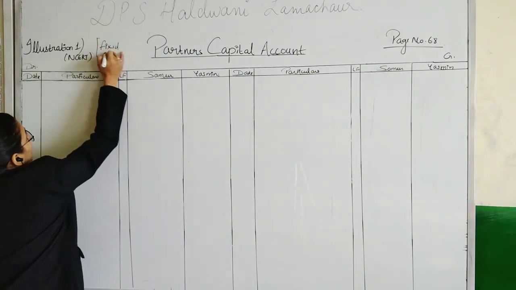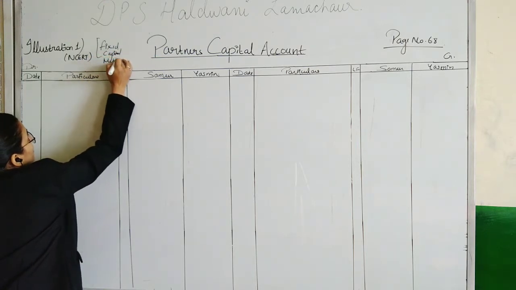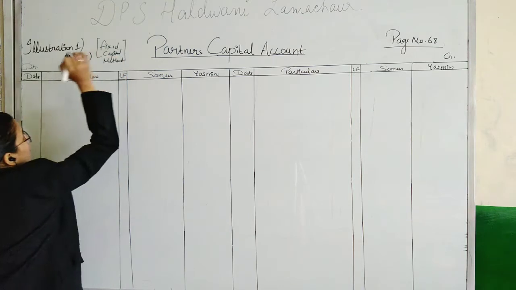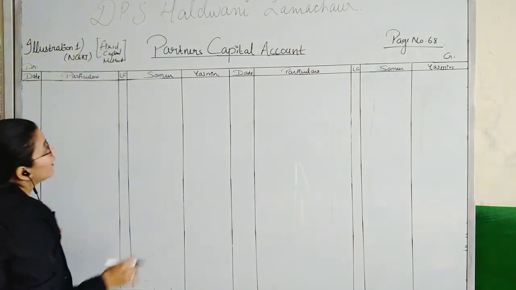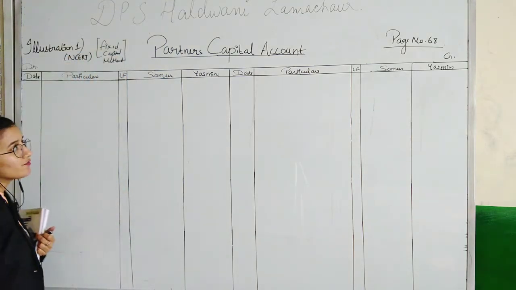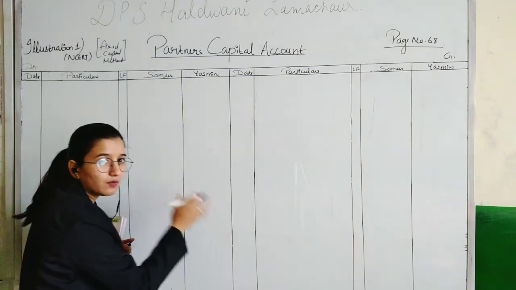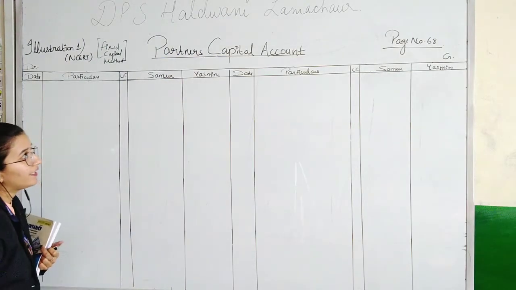Fixed capital method. So as we know, under the fixed capital method, we prepare two accounts. First is the partners' capital account and second is the partners' current account.